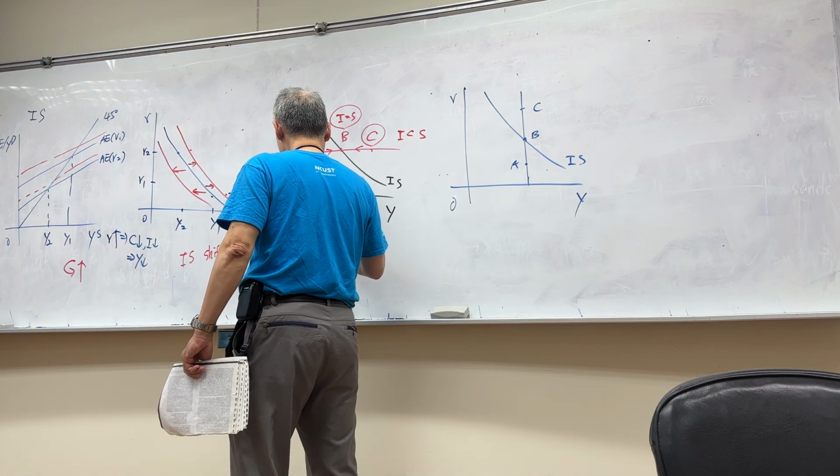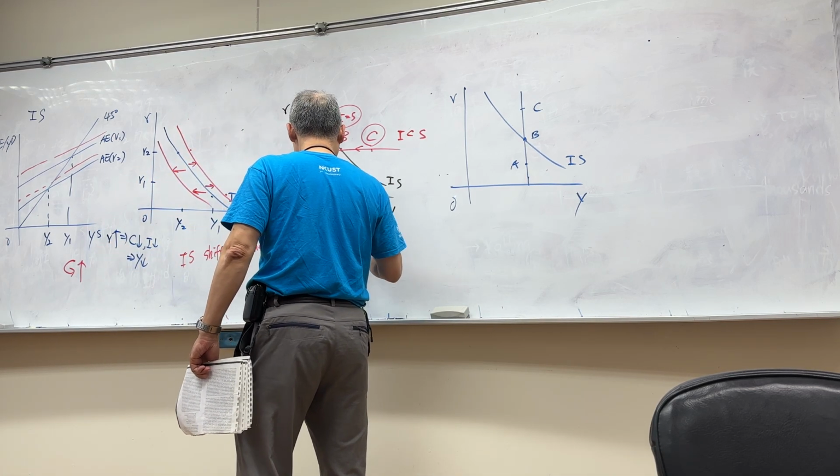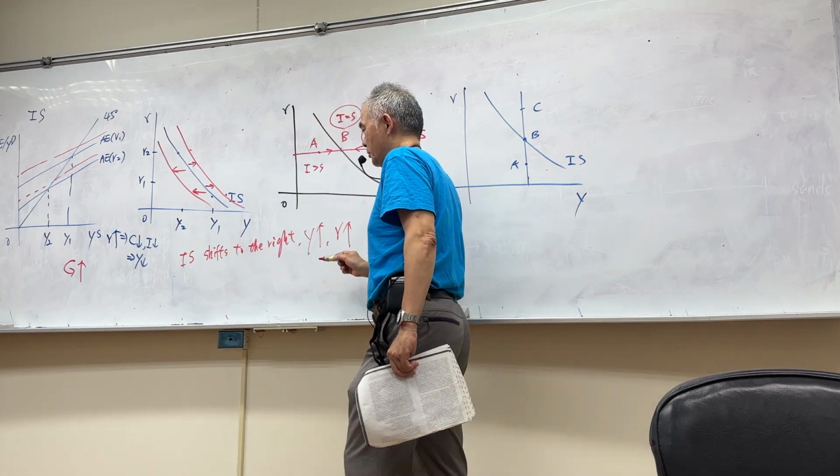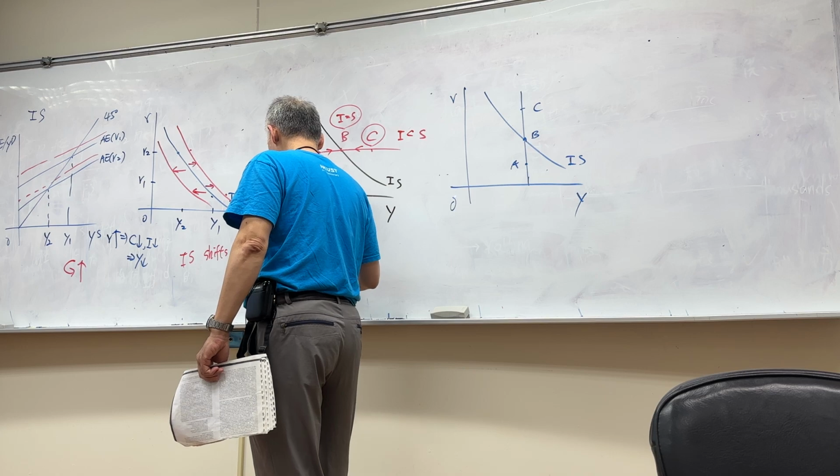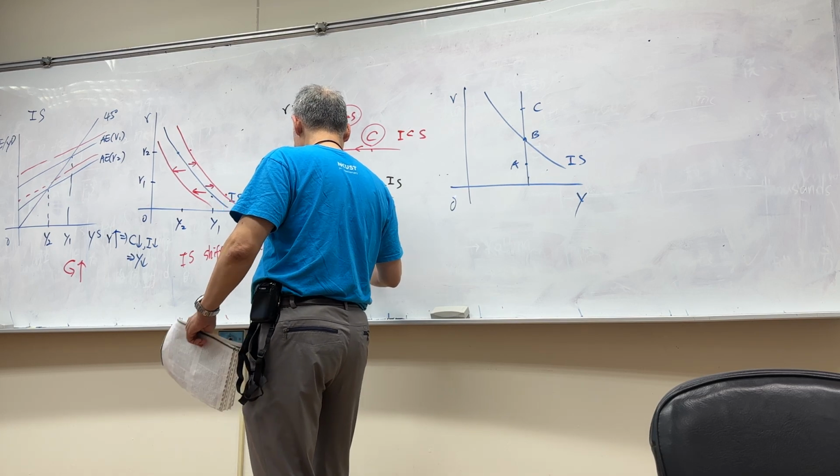Y will go up and interest rate will go up. If it shifts to the left, Y will go down and R will go down.